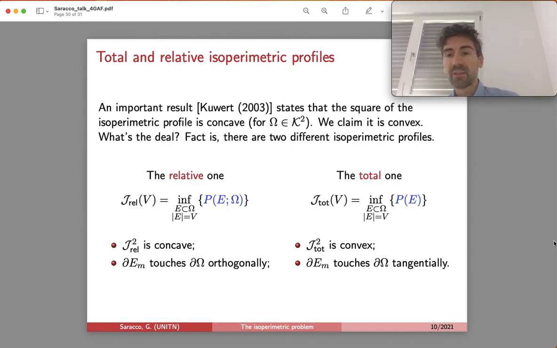In our case, the minimizer touches the boundary of the box in a tangential way, okay? So this is just to make a comparison between the two different profiles. In the relative one, the square is concave, and you have orthogonality of the boundaries. In our case, the square is convex, and you have tangentiality of the boundaries.